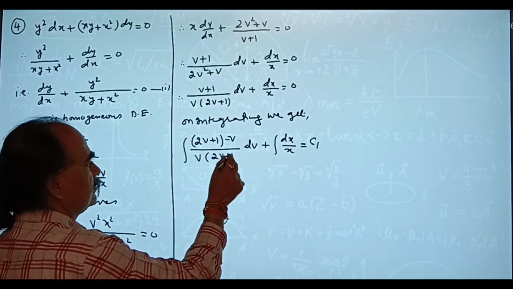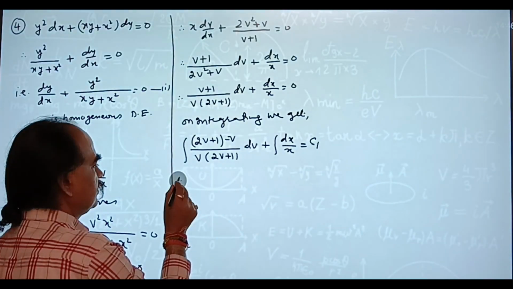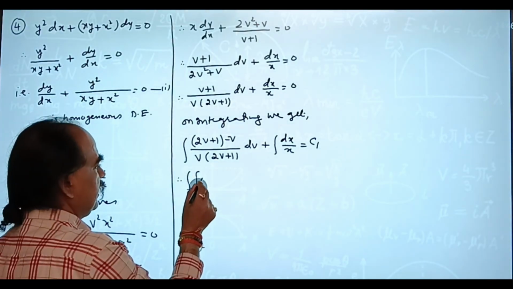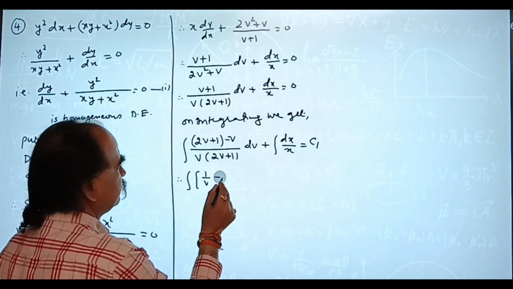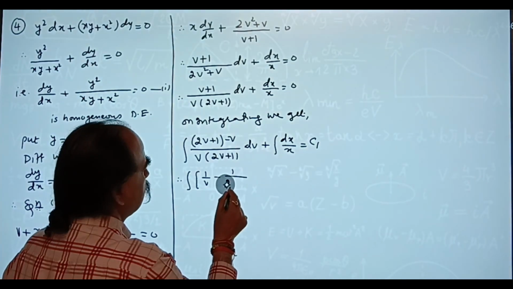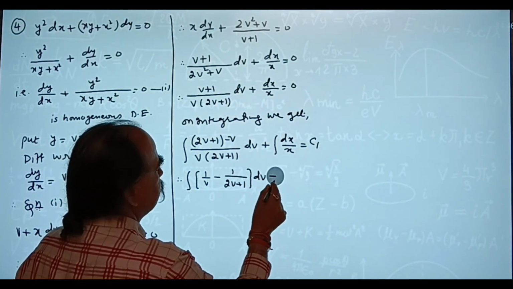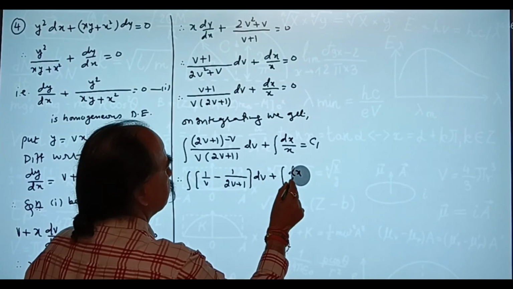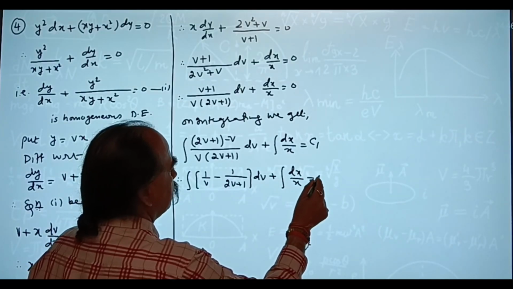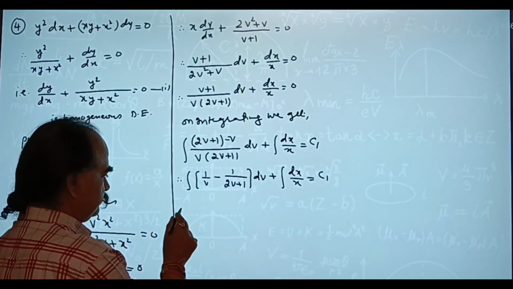Now this is separate. Will give you what? Integral 1 upon v minus 1 upon 2v plus 1 dv plus integral dx upon x is equal to c1.